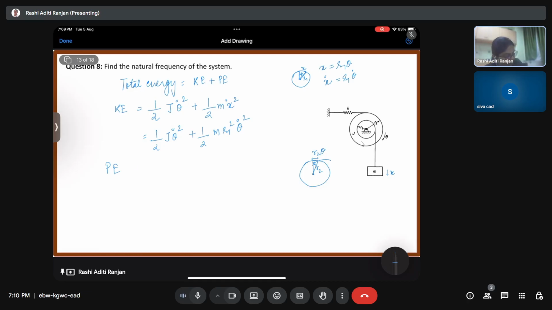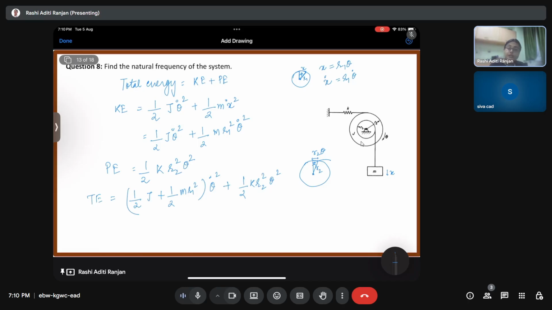So potential energy is going to be half K R2 square theta square. Okay, we'll add. We get the total energy as half J plus half M R1 square theta dot square plus half K R2 square theta square.